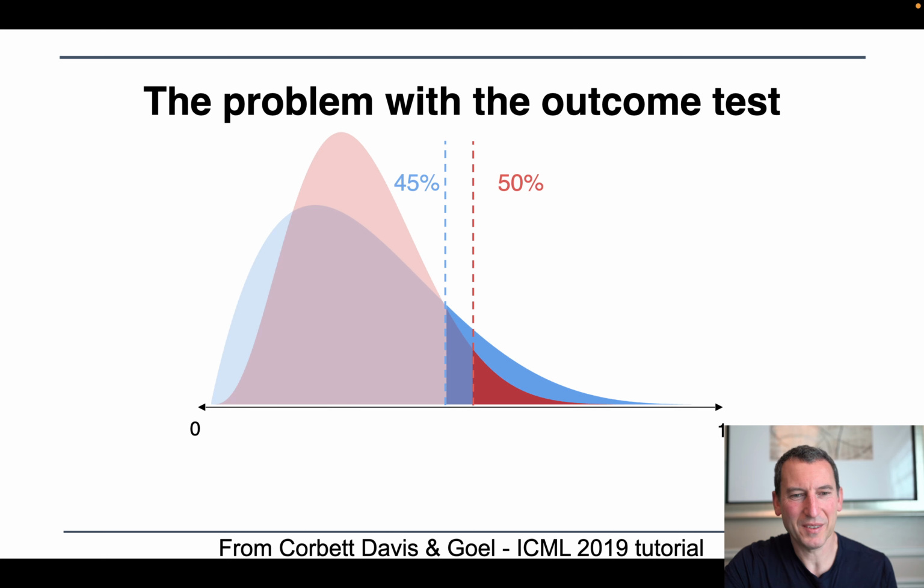so what are we going to do? Well, what we could do is just stop even more people in the blue group. So now, if you do that, what you're going to see is that this is like picking a threshold of 45% for the blue group and 50% for the red group.